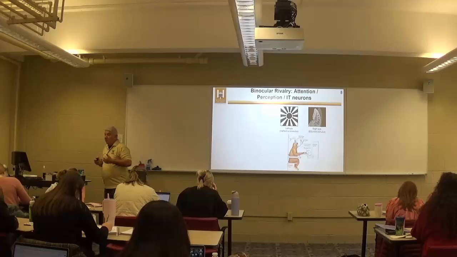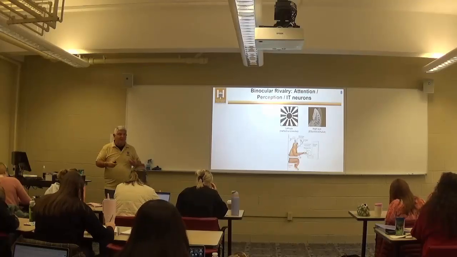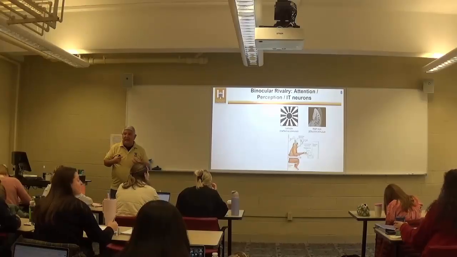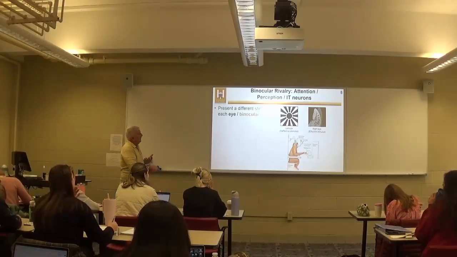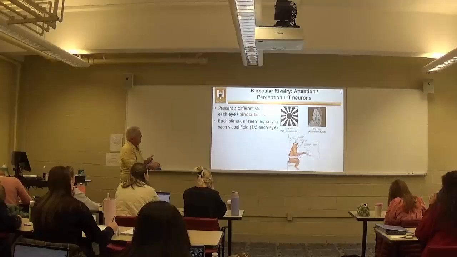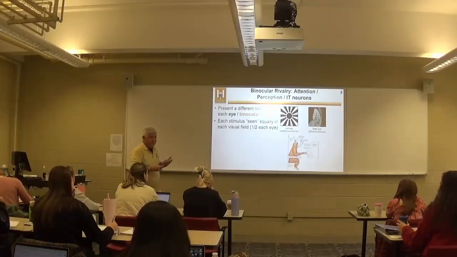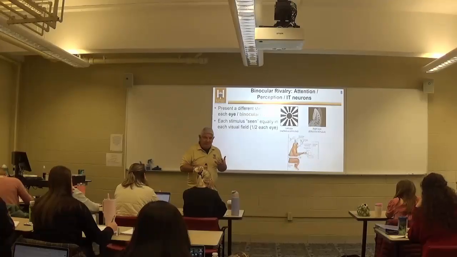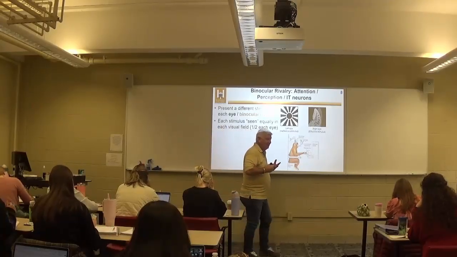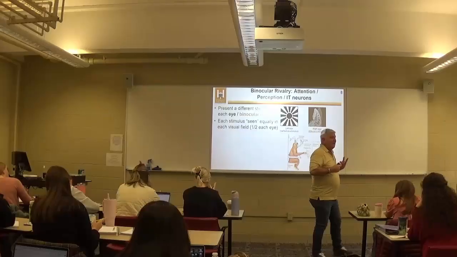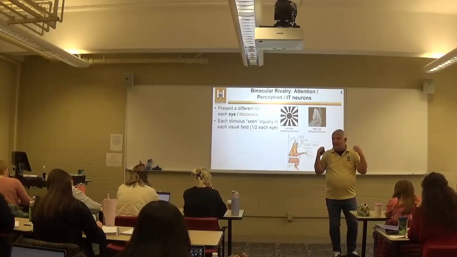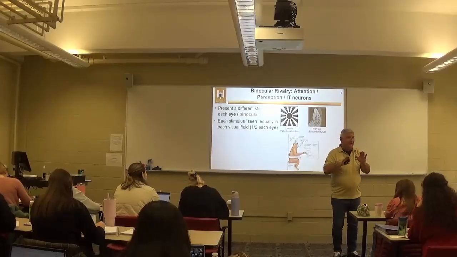We can confuse the brain by putting a different image on each eye. So here, in this case, this is called binocular rivalry. Why is that involved there? Because that's a term that you need to know, right? Binocular rivalry, right? Which means I'm showing something different on each eye, and so those images are producing a rivalry.